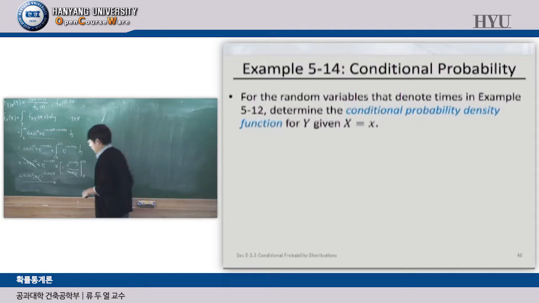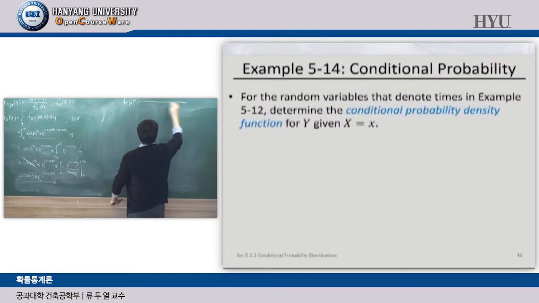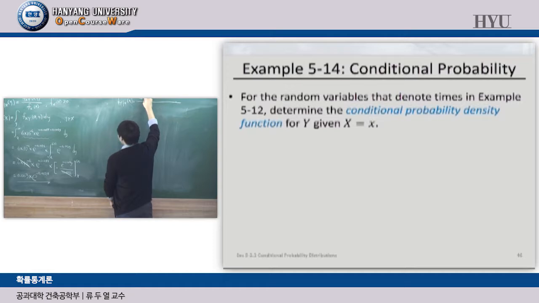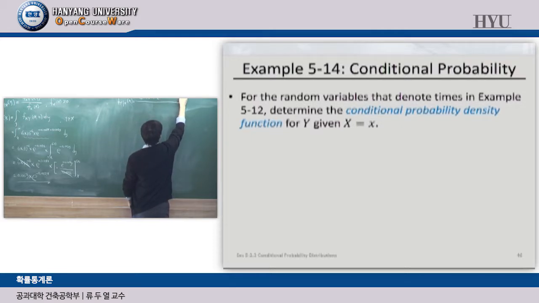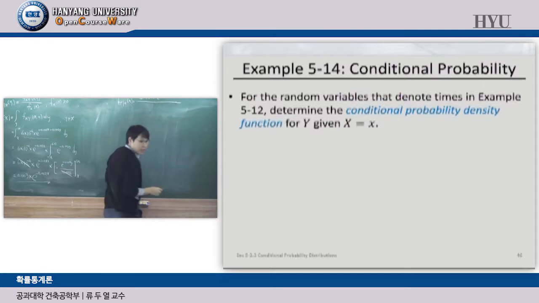now we can calculate the conditional probability density function of y given x. That is equal to 6 times 10 to the minus 6 power times exponential minus 0.001x minus 0.002y, okay?